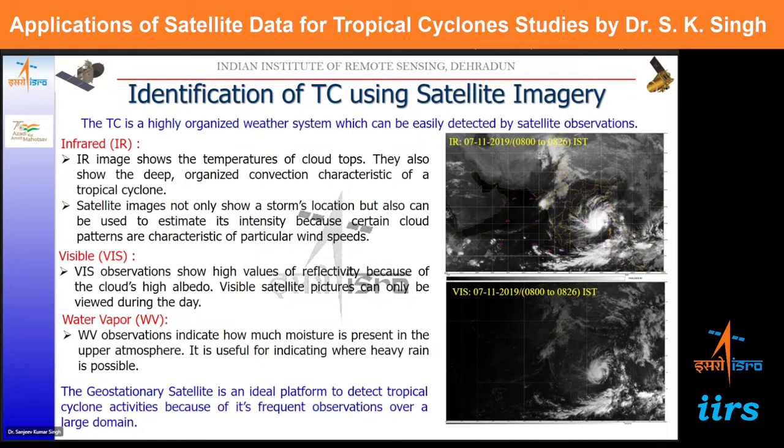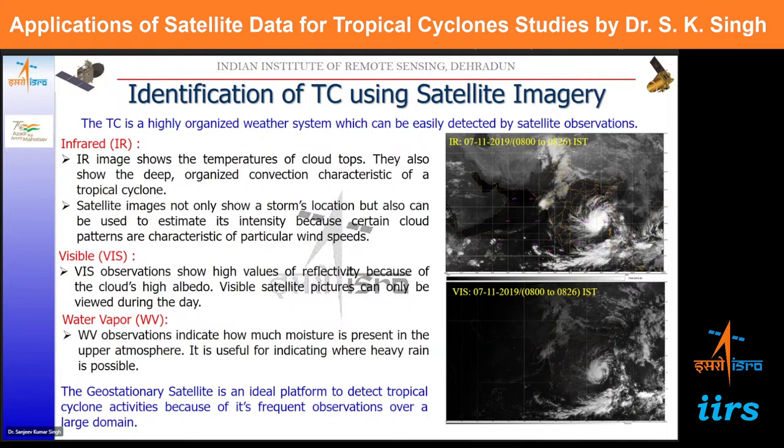With a polar satellite, you get only 2 passes over the same area, so within this time the tropical cyclone location may change. The geostationary satellite is the ideal platform through which you can monitor the tropical cyclone continuously.